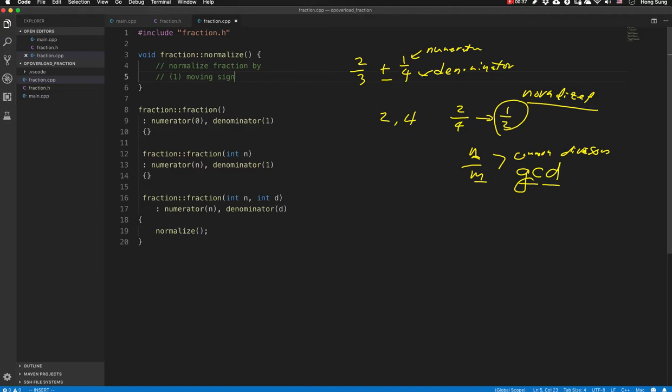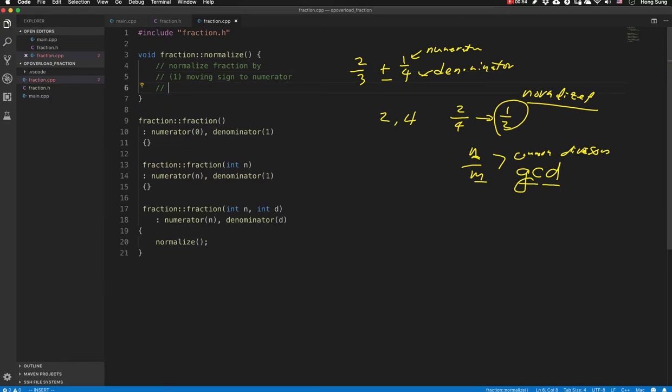sign. If a numerator or a denominator could be a negative number, then put the sign to the numerator only, so that later when we do some arithmetic, it's convenient that the denominator is always positive.